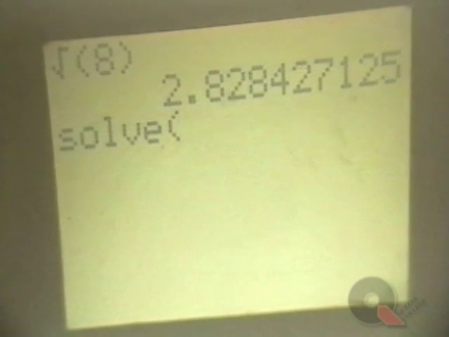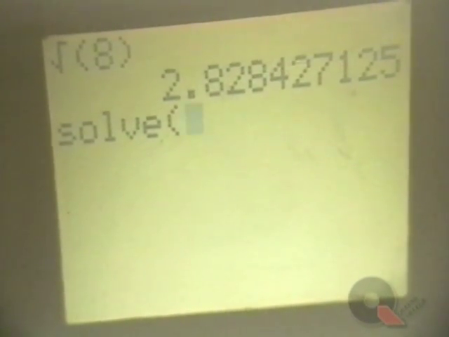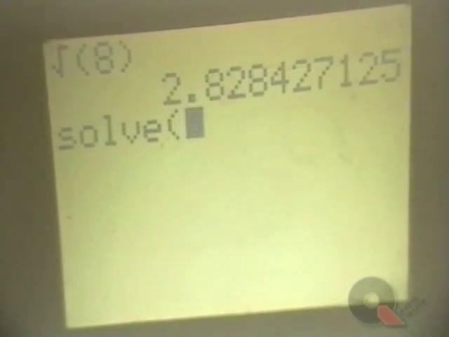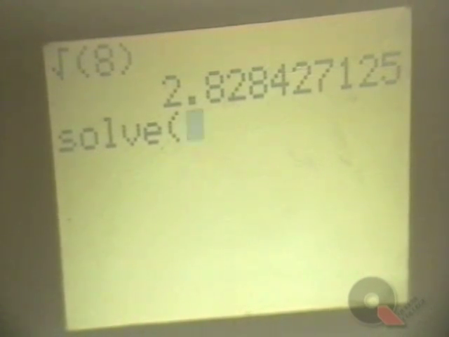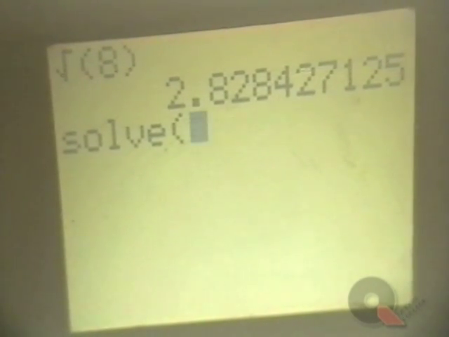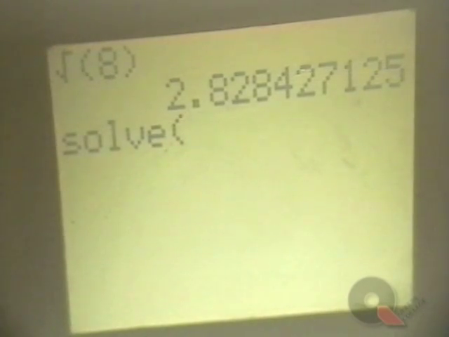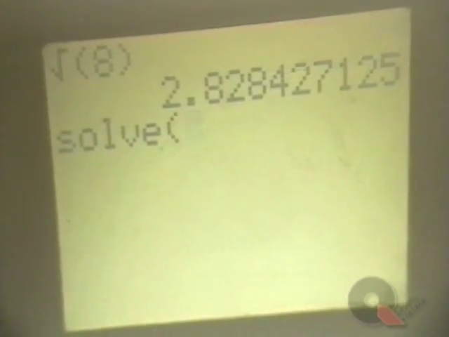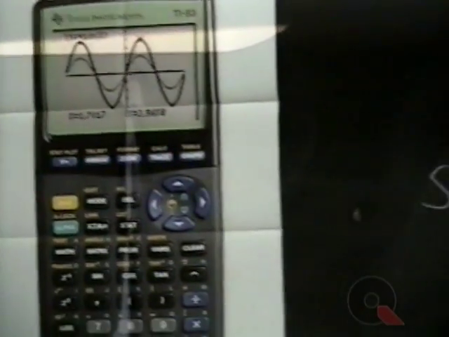By the way, if you have a TI-82 instead of a TI-83, solve on the TI-82 was an option on the math menu. It was option 0. Those of you who have the TI-83, there are many more functions in the calculator, and they're using this catalog to store them. Now, look at what we have here. Solve. You're being offered solve with a left parentheses.